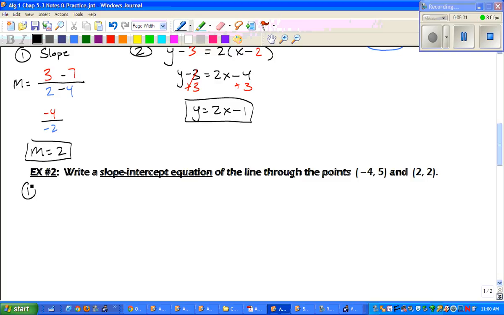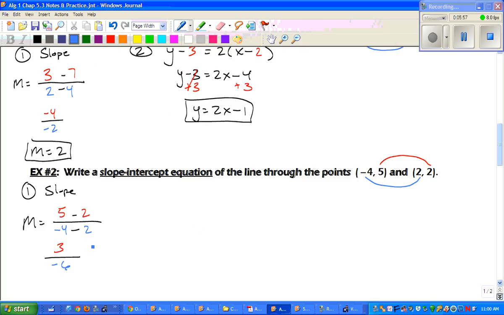So the first thing we need to do is find the slope. Y is on the top. X is on the bottom. 5 minus 2 gives us 3.